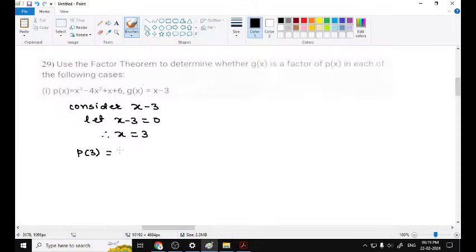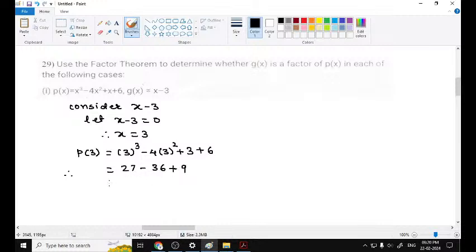So p of 3 is 3 cube minus 4 into 3 square plus 3 plus 6. 3 cube is 27 minus 3 square is 9. 9 into 4 is 36 plus 3 plus 6 is 9.